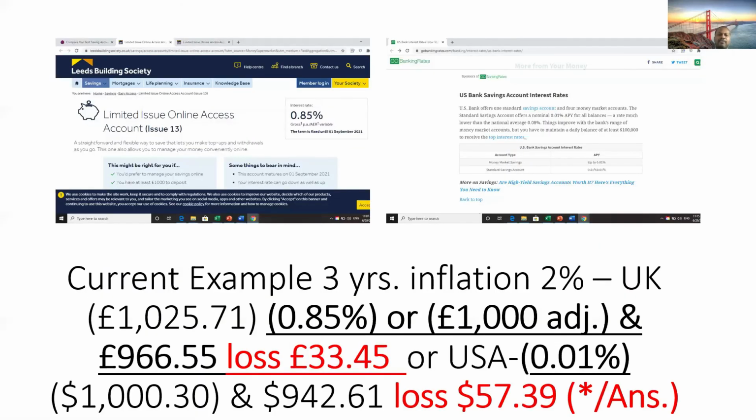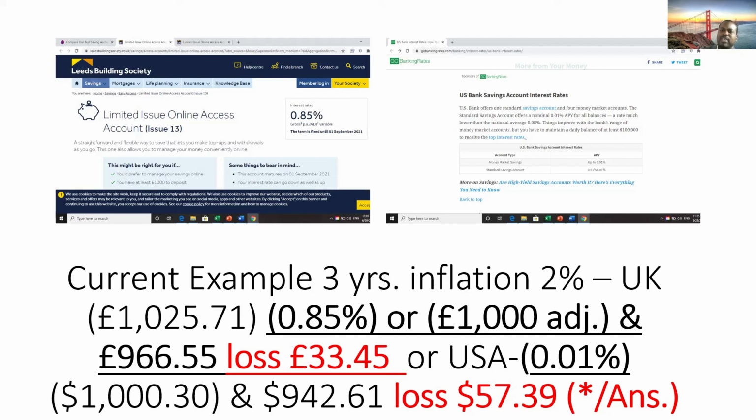Okay, now let's have a look at this particular situation here. Let's say we were to take into consideration the concept of inflation in light of what we mentioned earlier. So inflation generally in maybe developed countries, we would say for the most part, is 2%.